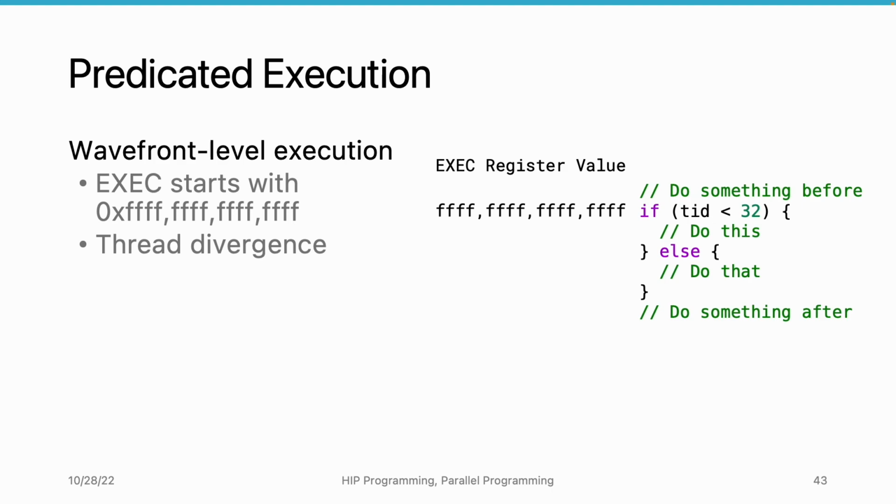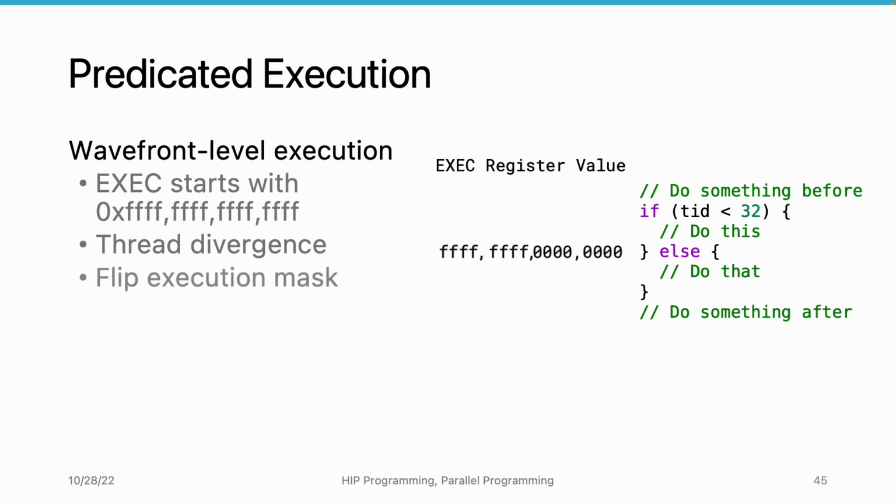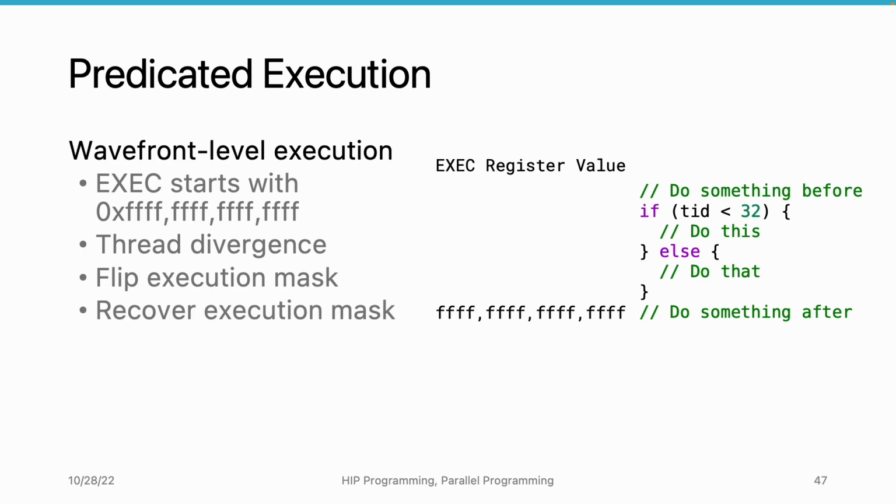Then the execution mask will be set to 0 for the upper threads and F for the lower threads. Then we perform this operation and only the lower 32 threads will take effect. In the else condition, we flip the bit mask and we perform the other operation. And finally, after this if statement, we recover the execution mask and mark everything back to all Fs.